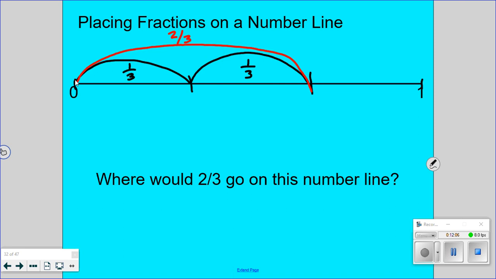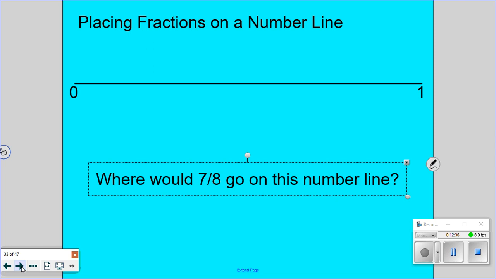Ava, how'd you figure that out? Because if you add one more of 1/3, it's the same amount, and it goes to the same line as one whole. Beautiful. She said if I add one more third, I've gotten the same distance, the same amount, and I can just count my thirds. 1/3, 2/3, 3/3. So far, so good?